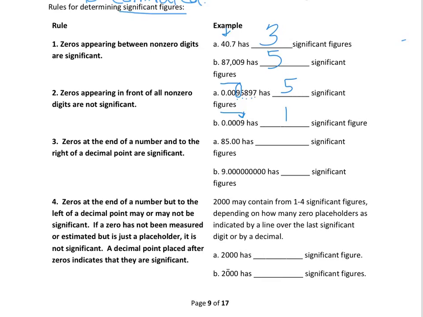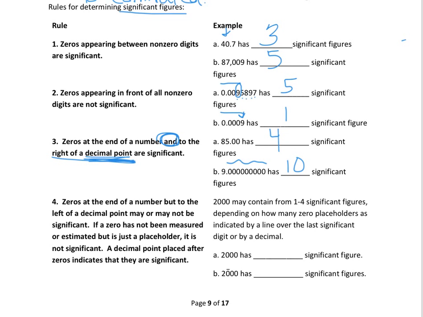Zeros at the end of a number, and it's important, to the right of a decimal point, it's got to have that decimal point to be significant, are considered significant. So 85.00 has 4, and 9 and 9 zeros, I think I counted that correctly, has 10 significant figures.